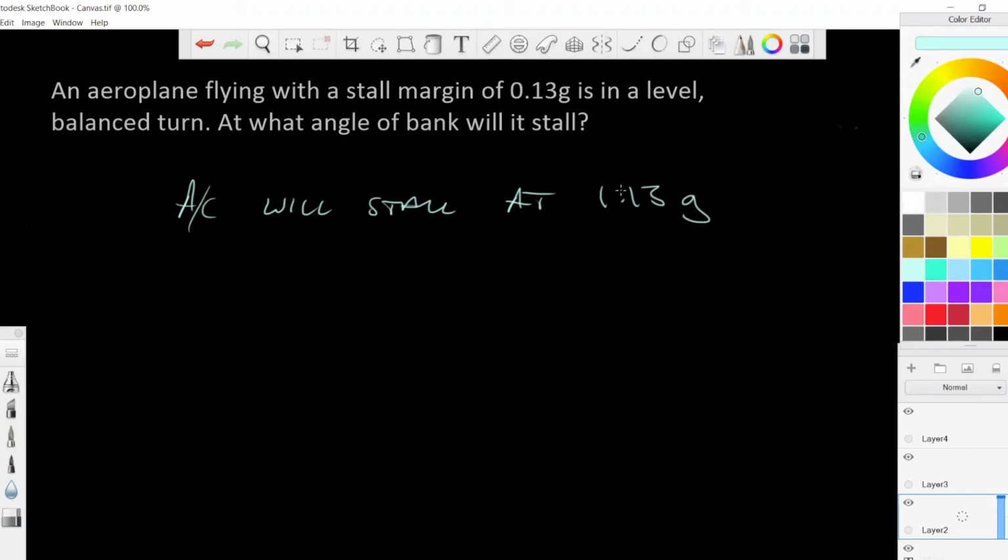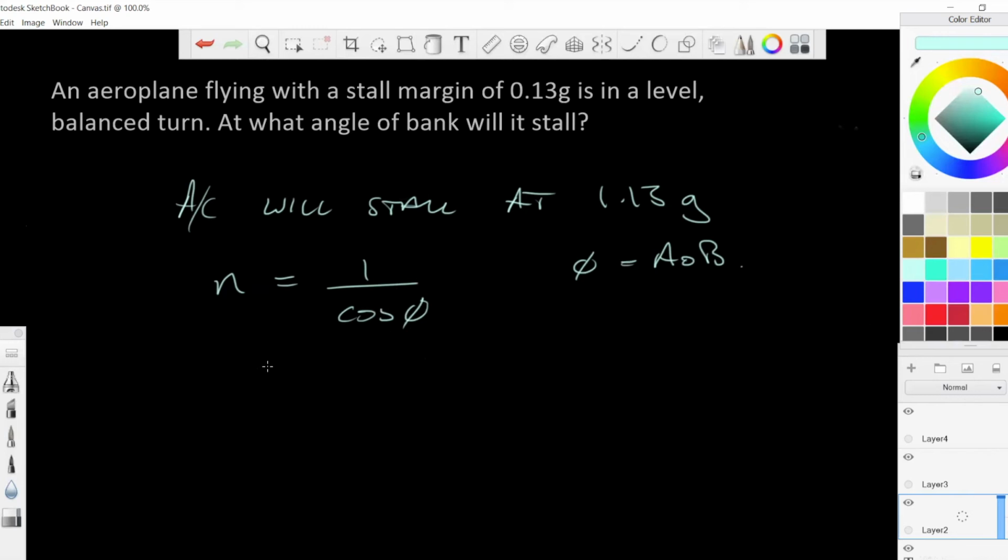So we need to know that it will stall at 1.13 g. Now we want to know at what angle of bank that will be achieved. Well, I hope you know by now that the load factor in a balanced turn is 1 divided by cosine of phi, where phi is the angle of bank. If you don't know how to rearrange this, have a look at one of the maths videos. Both the ones I've made on the YouTube channel will explain how to rearrange equations.